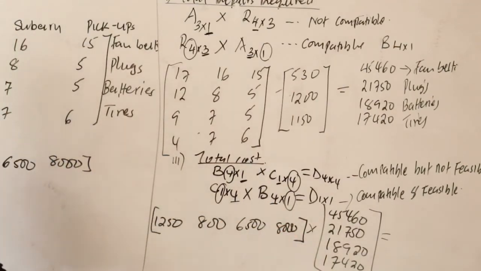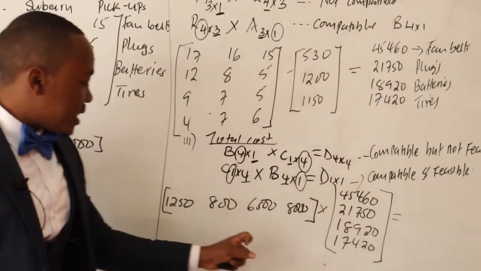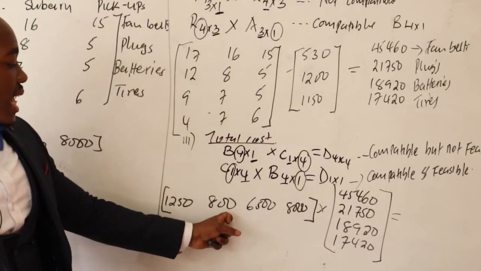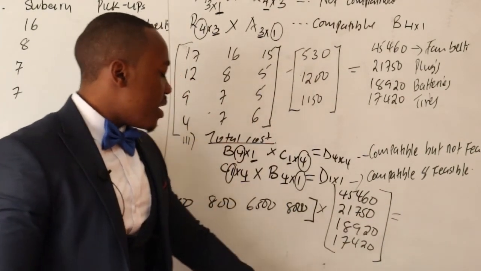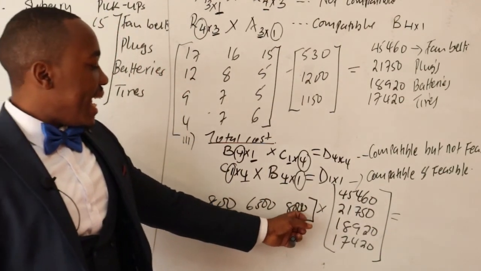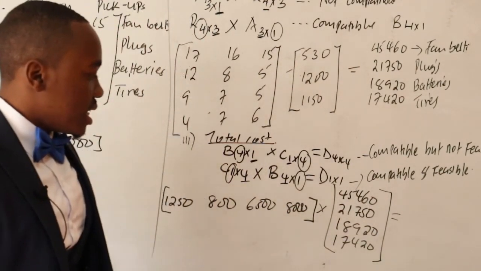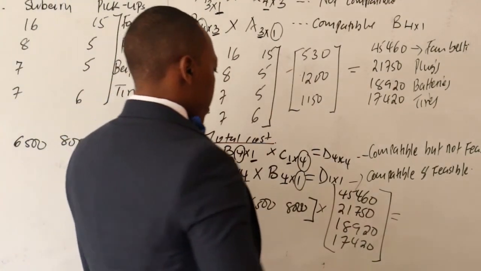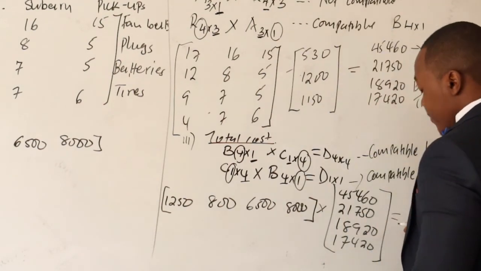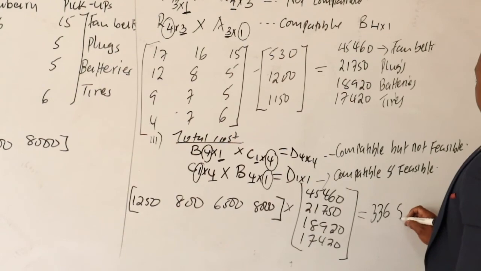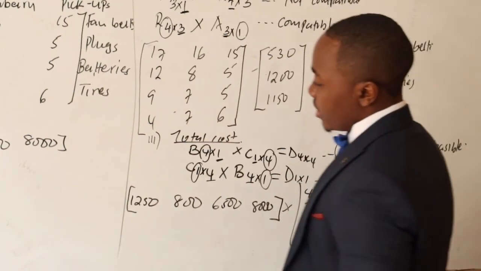And then we get the product. So we take 1250 times 45,460, plus 800 times 21,750, plus 6500 times 18,920, and lastly 8000 times 17,420. And the answer will be 336,533,000.